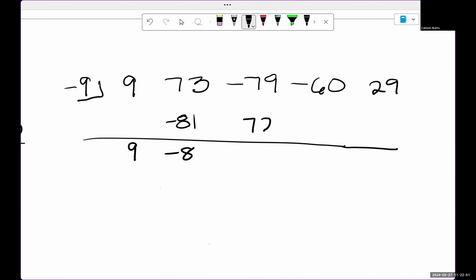Multiply. Add. Multiply. Add. Multiply. Add.